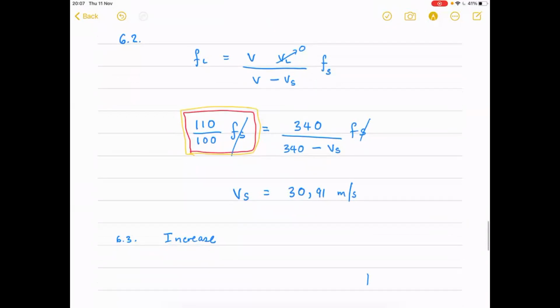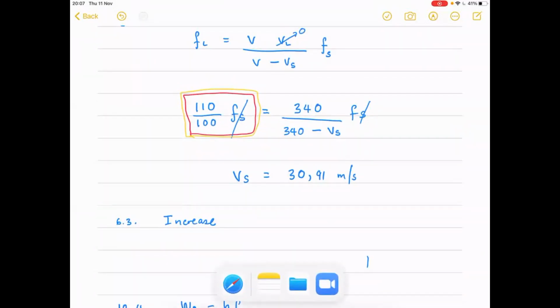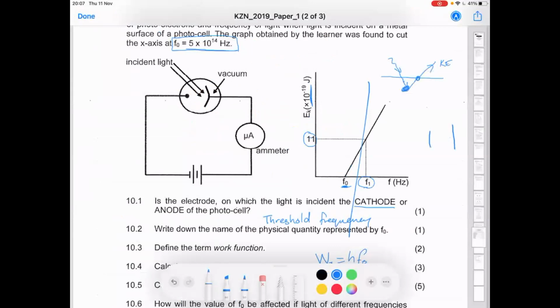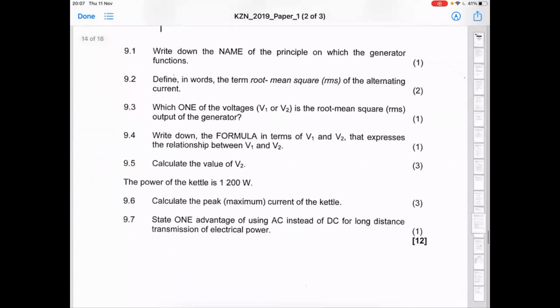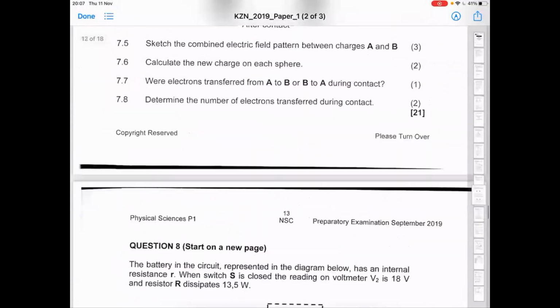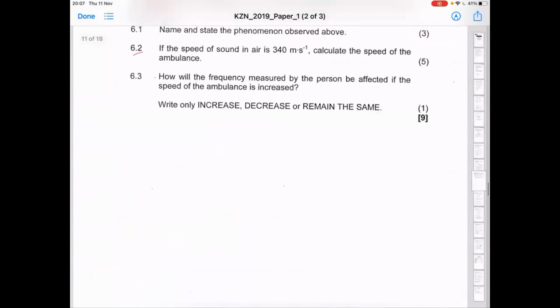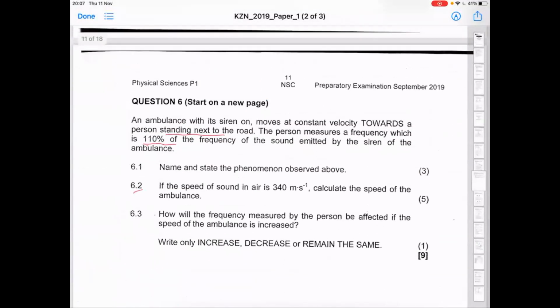Let's look at question 6. Just to remind you, the Doppler effect is where you have a source with a certain frequency, but when the source is moving relative to somebody who's listening to it, an observer or a listener, then the listener hears a different frequency.